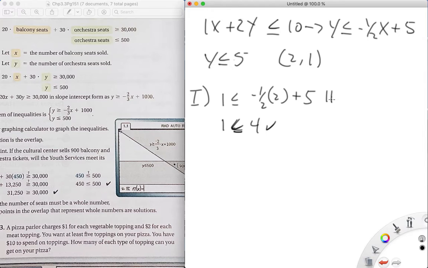And then for part 2, that definitely works because 1 is less than or equal to 5, so that works. So I can have 2 veggie toppings and 1 meat topping, and it would satisfy that condition based off of the graph.